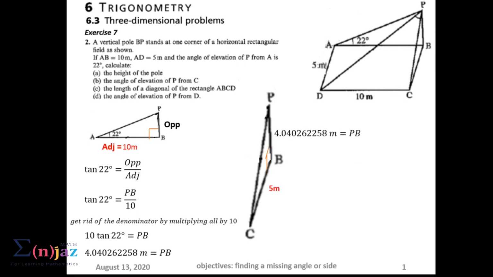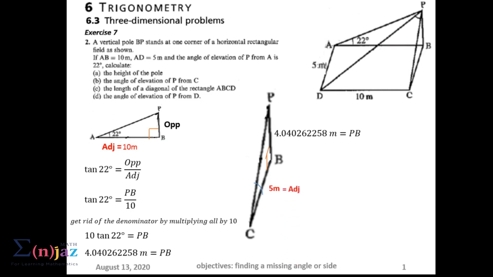And the BP, which is my pole, which I calculated in the first part of the question, is equal to 4.04, and this is my unknown angle, which is BCP, or we can say PCB. Now, my unknown angle and the two given sides as per the angle.